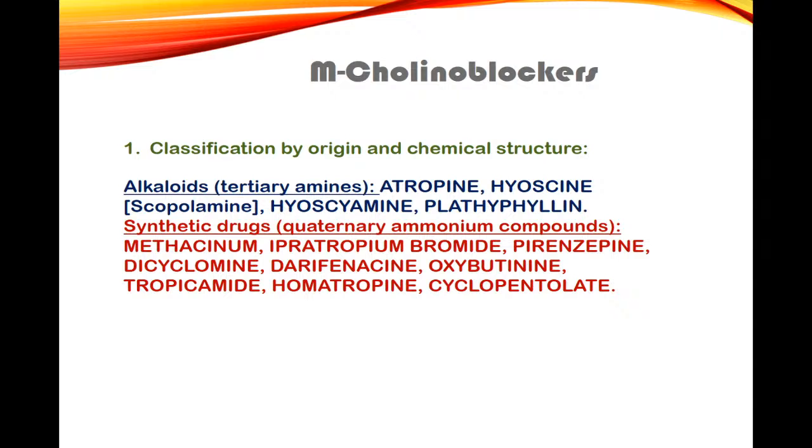These molecules have nitrogen and weak basic origin. The alkaloids are atropine, this is the classical agent. That is why M-cholinoblockers can be called atropine-like drugs.